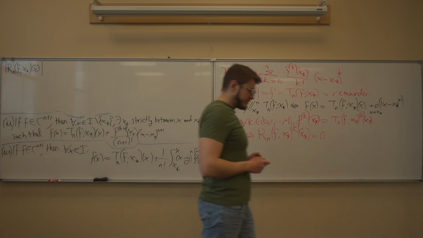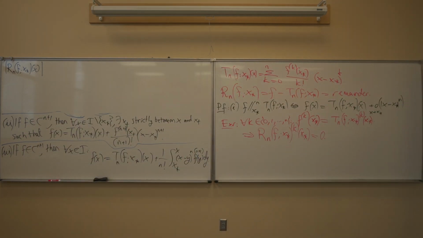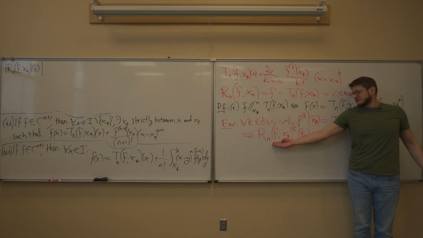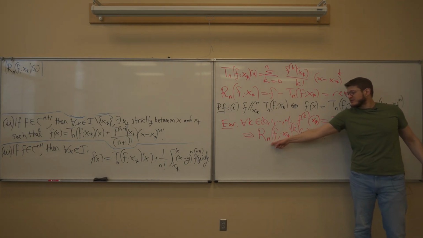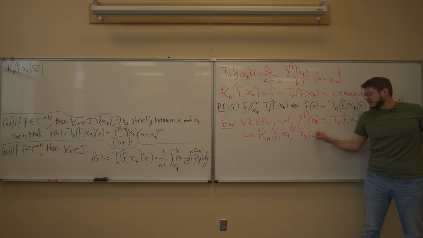Well, I can subtract from this its value at x star, because I know that for k equals 0, this is just the function itself. I know that the remainder at x star is equal to 0.